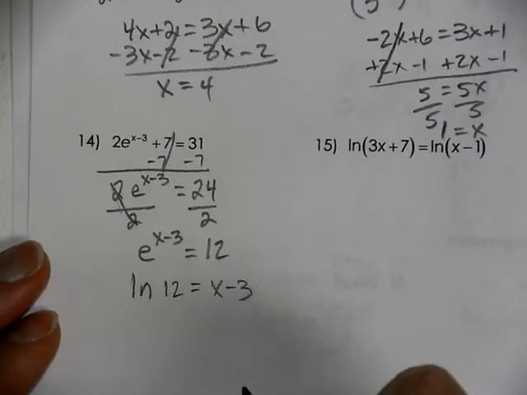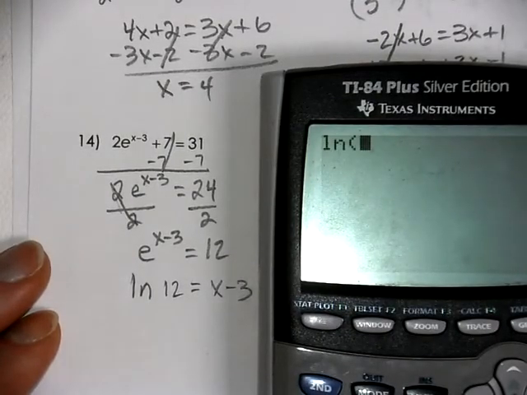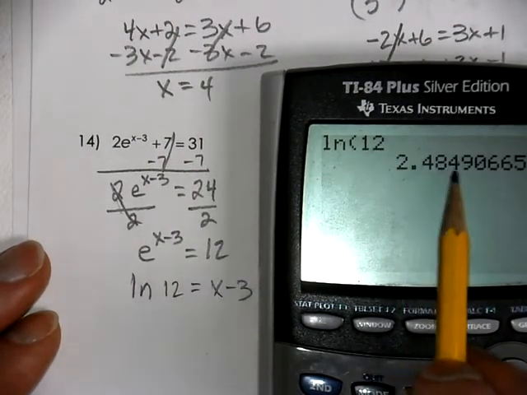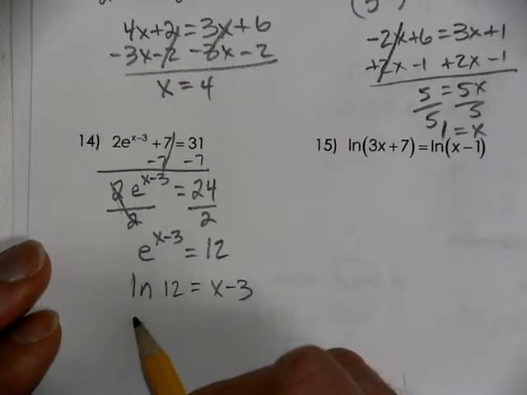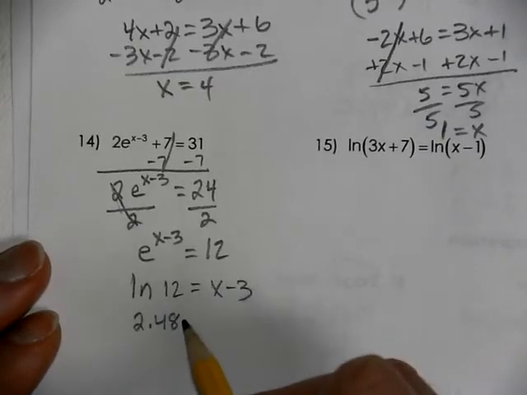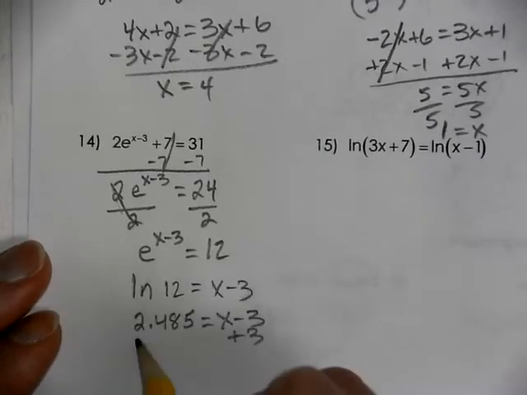Logarithm always equals the exponent. The natural log of 12 is 2.485, and then we would add 3.